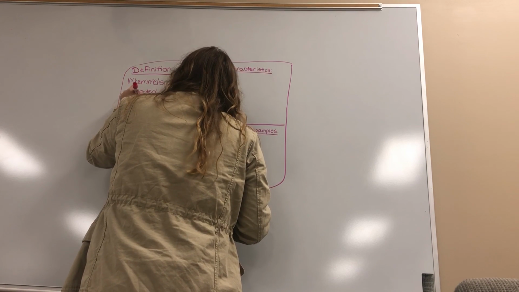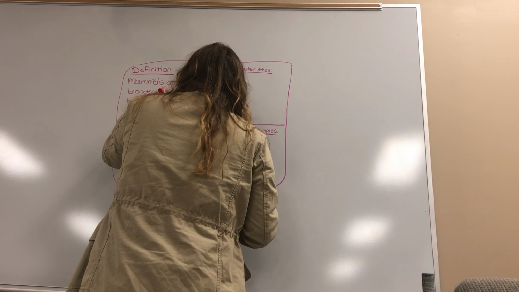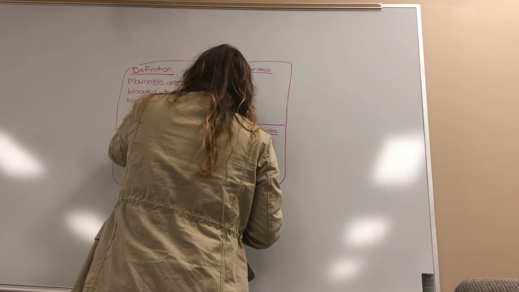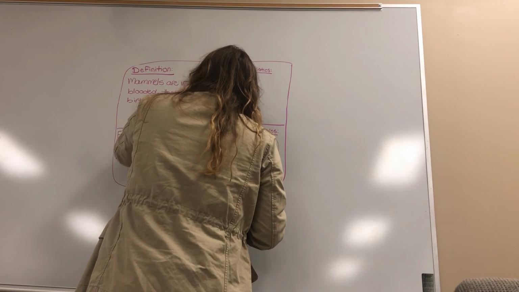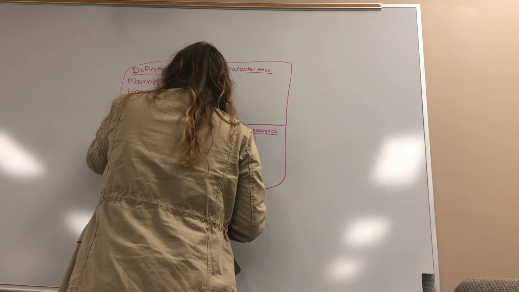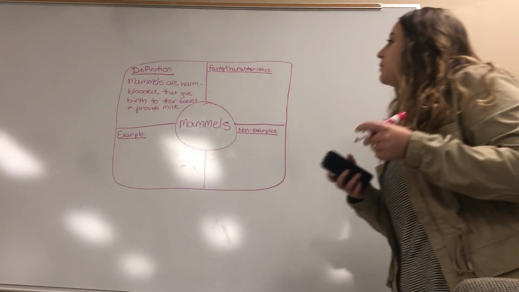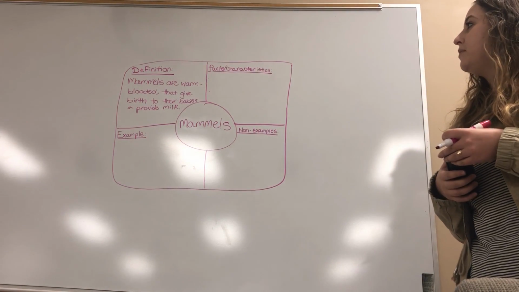Birth to their babies and provide milk. Good job. So I think that's good for our definition. Excellent job. Mammals are warm-blooded that give birth to their babies and provide milk.